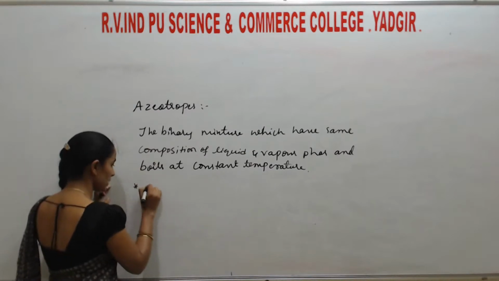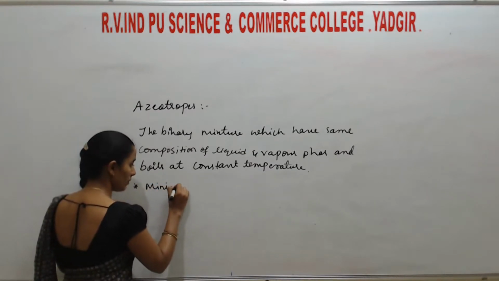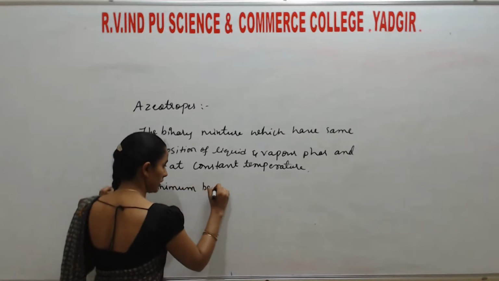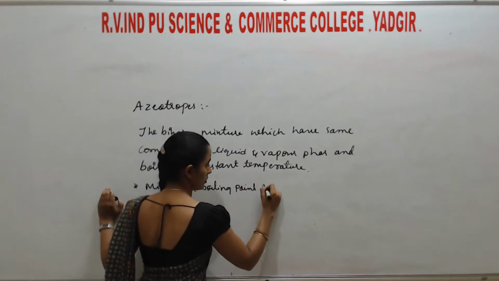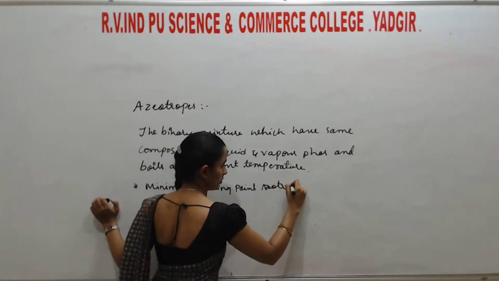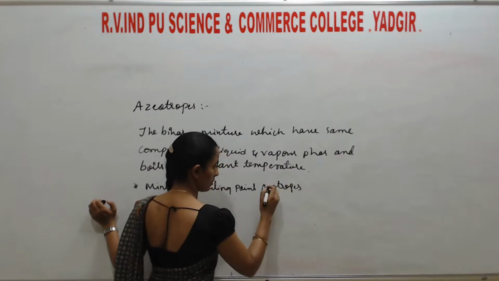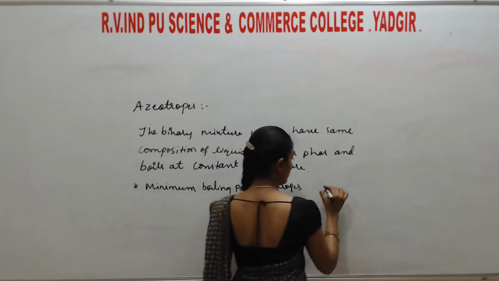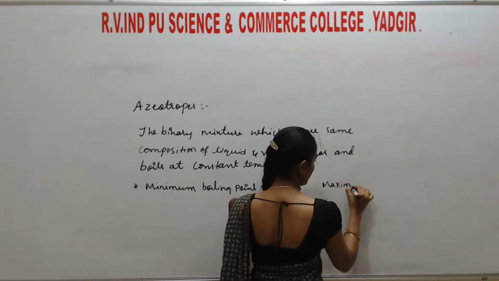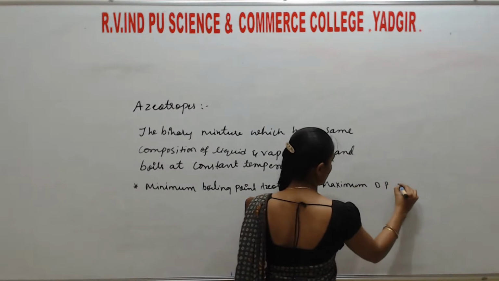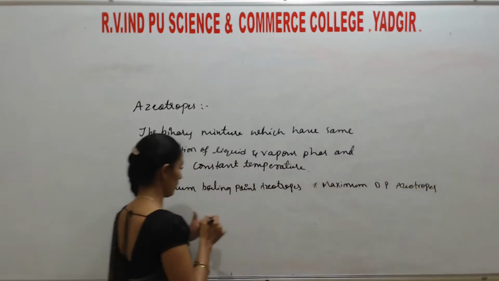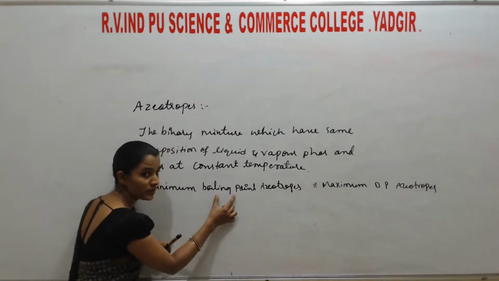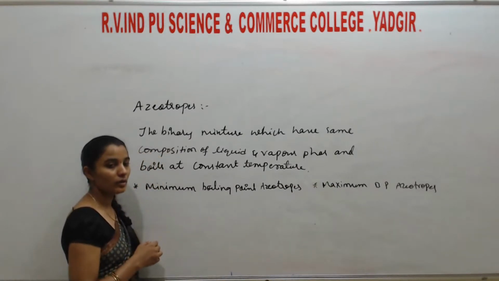Students, there are two types. One is minimum boiling point azeotropes and the other is maximum boiling point azeotropes. What is this minimum and maximum? If the boiling point is minimum, it means they easily convert into gases.